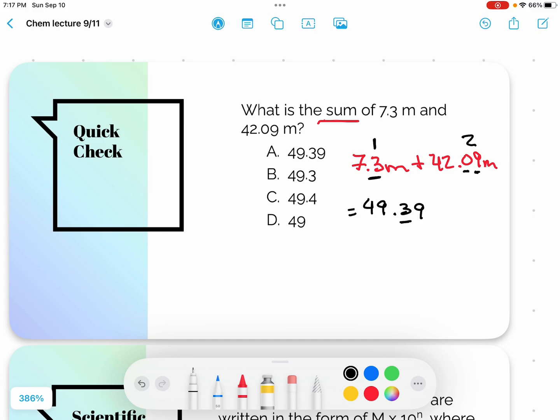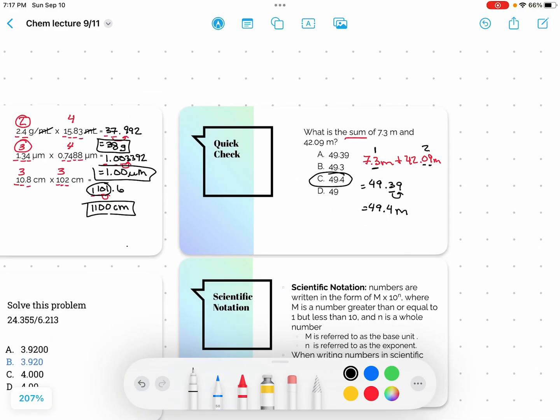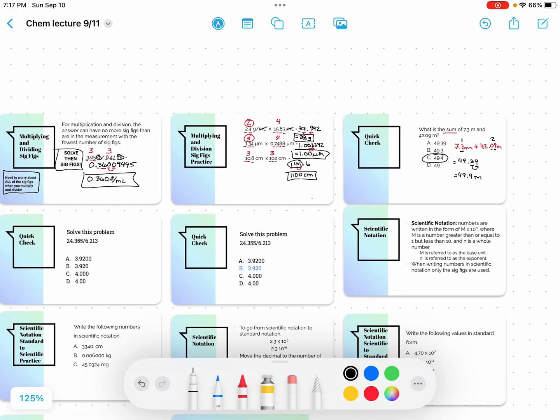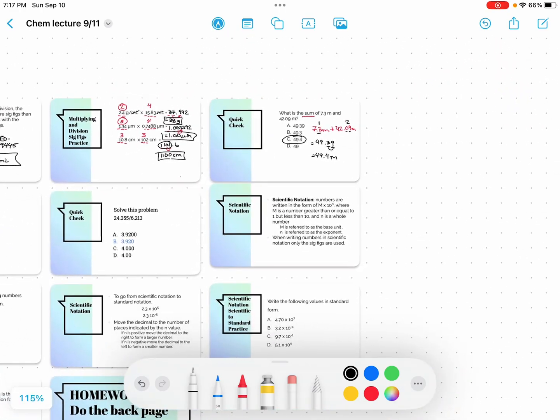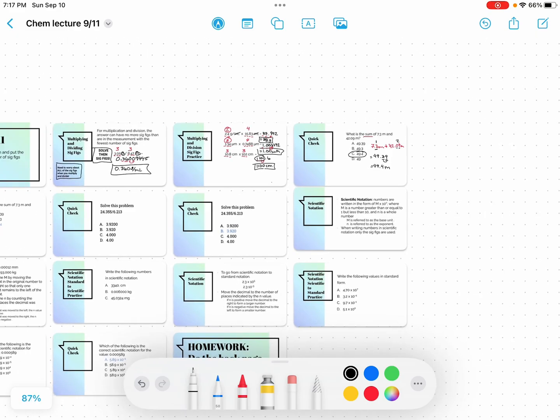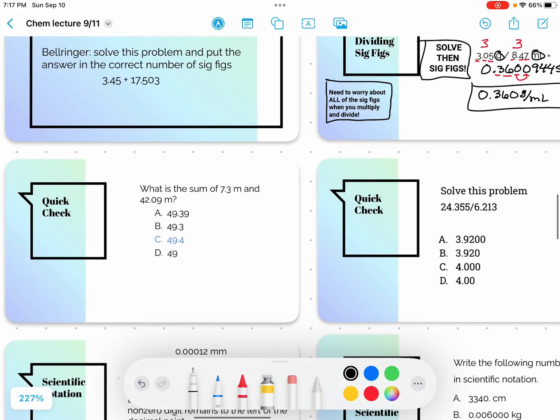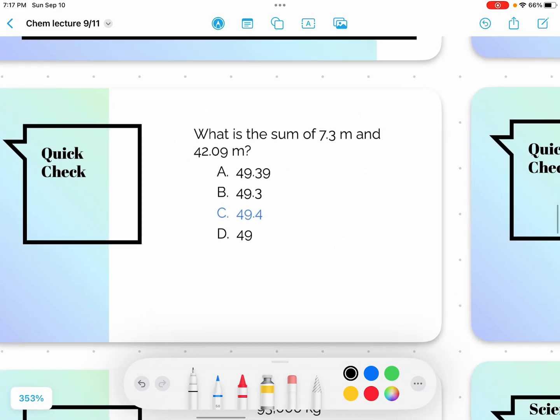I go to my 3. I look behind, it's a 9. Should be 49.4 meters. So that's saying we should have letter C as our answer. See if we are correct. There it is. We are.